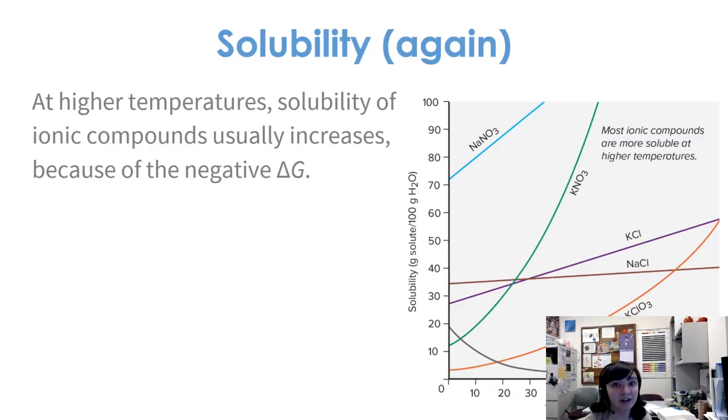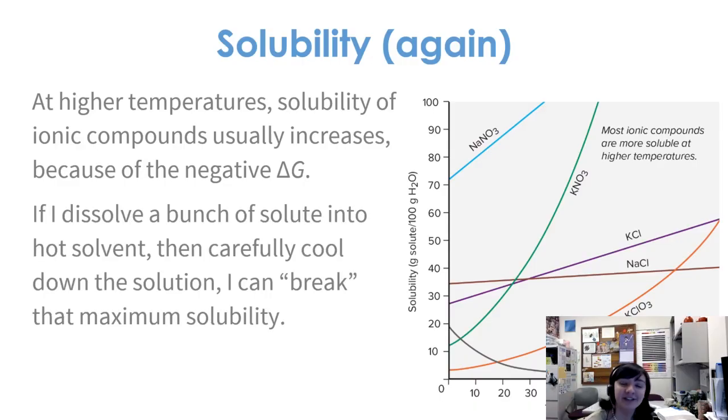So having a higher temperature lends itself to having a more negative Gibbs free energy, or delta G. If you look at the figure to the right here, you can see the solubilities of different ionic compounds at different temperatures. For the most part, we see a positive correlation: at higher temperatures, you have higher solubility.